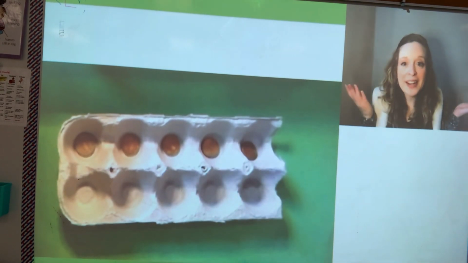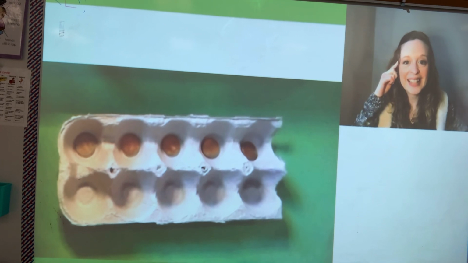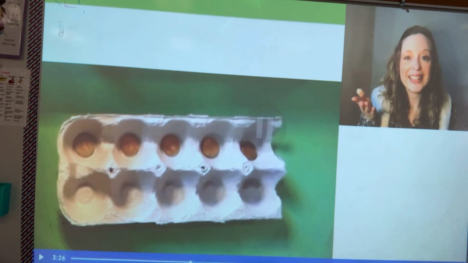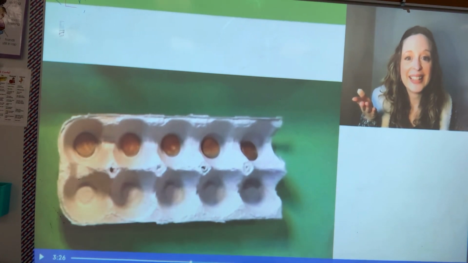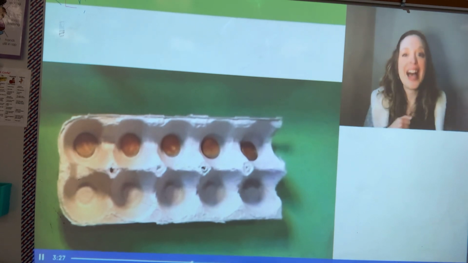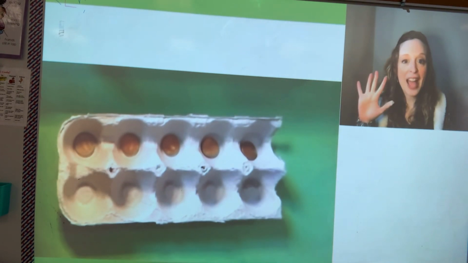How many pennies are there, friends? Hold up your fingers. Say it. How many pennies are there? Very good. I counted 5 pennies as well. That's right, there are 5 pennies.